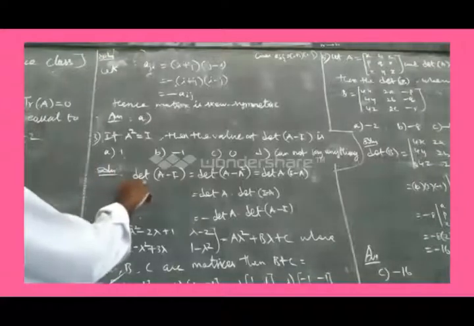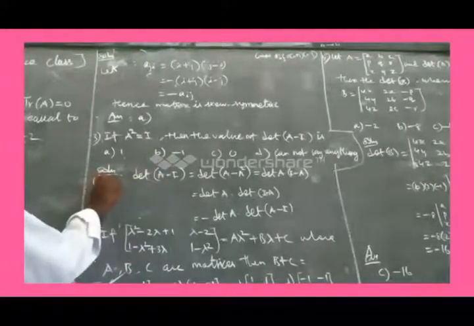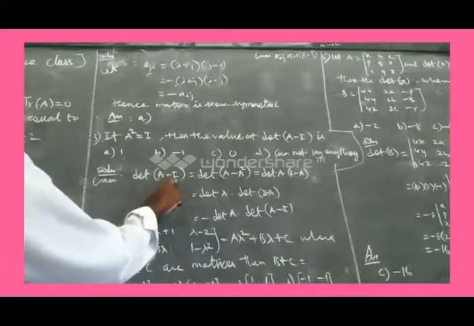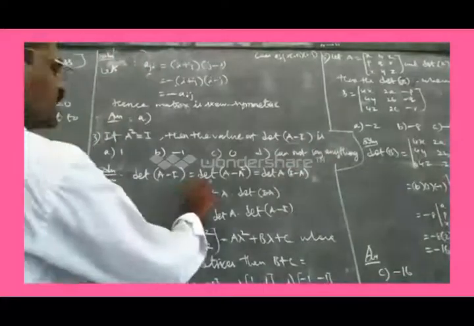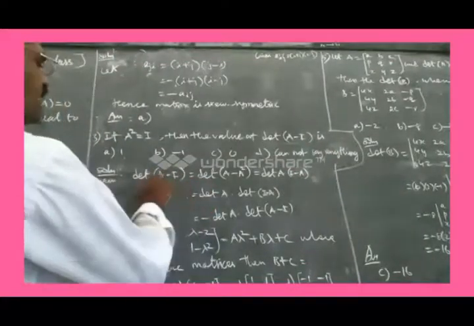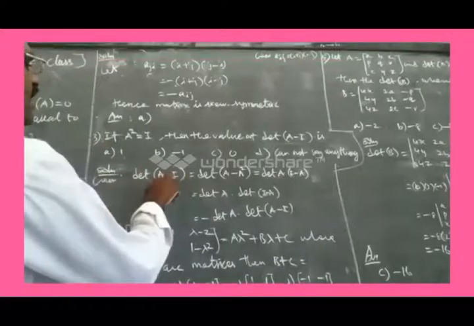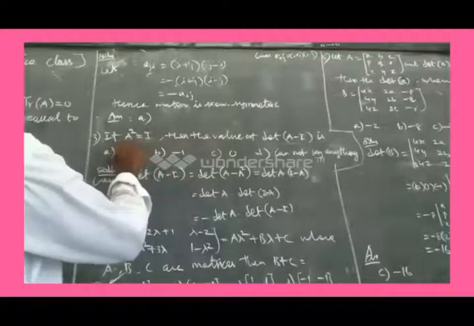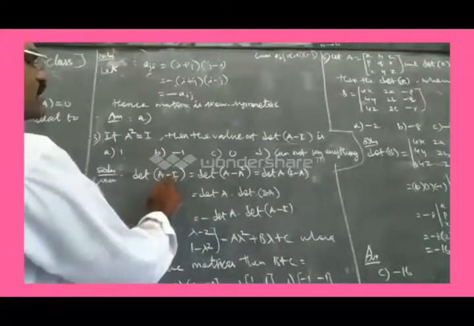Solution. Determinant of A minus I, I equal to A square. So I is A square.